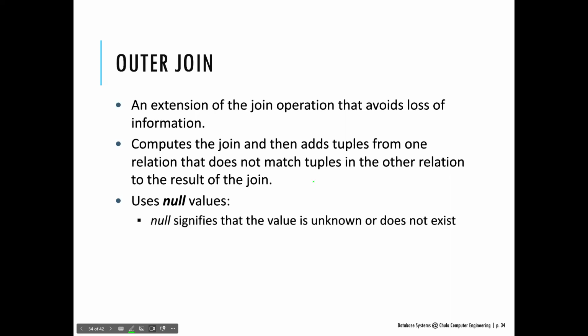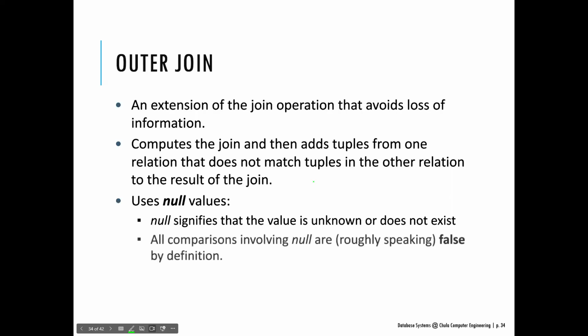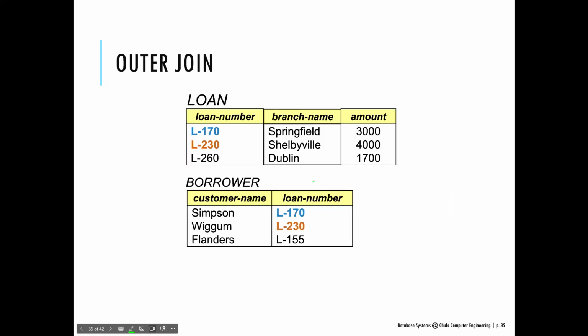When some values do not exist or you don't know whether or not they're there, like an unknown value, we'll patch null. So don't ever use a space or zero, because those are values. When there are no values, it is called null. All right. Let's see how it works. I have a table called loan here. I have a table called borrower here.